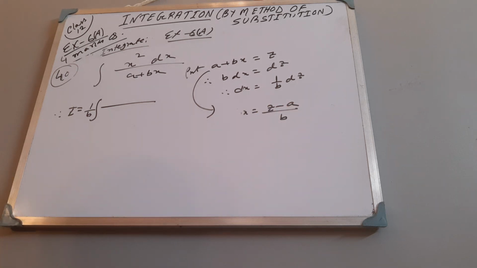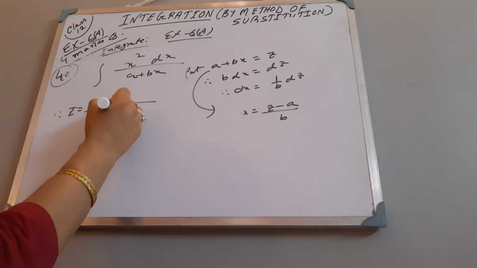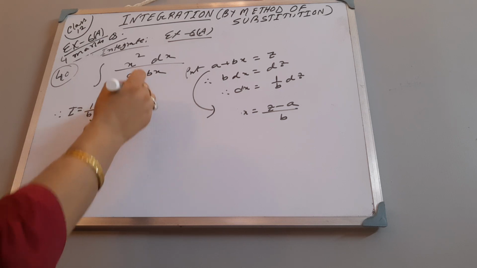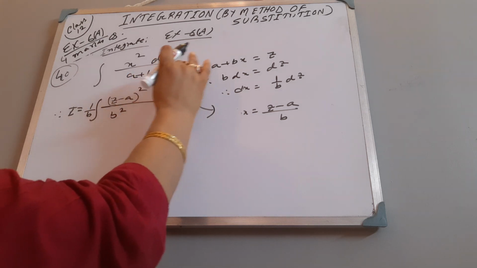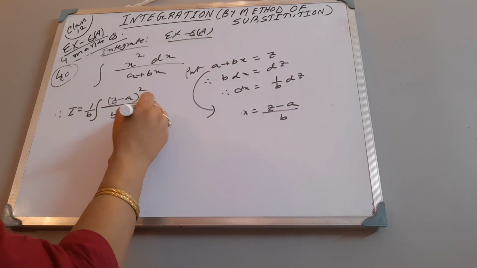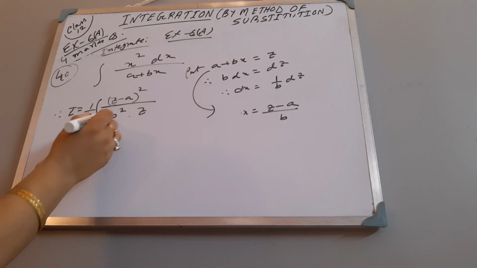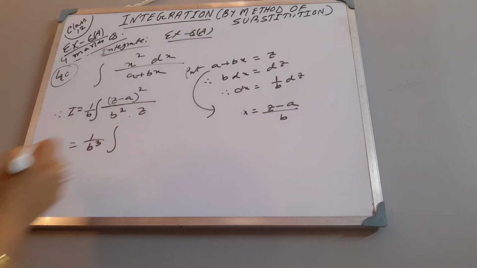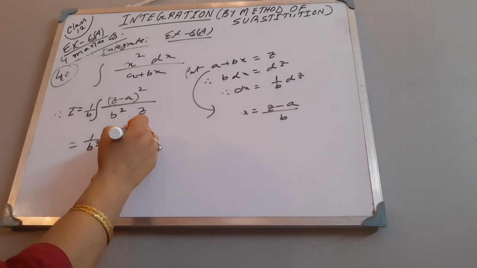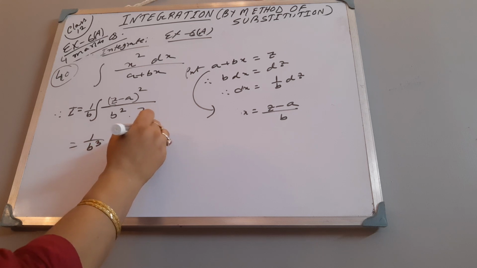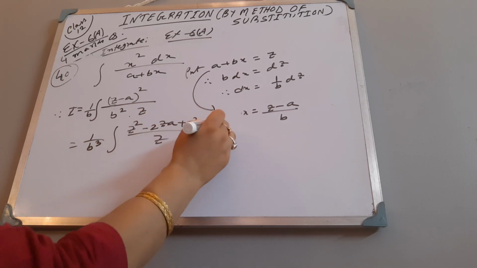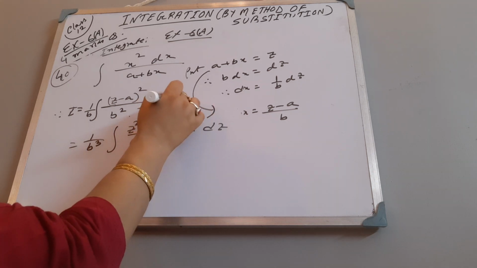So instead of x square, we will write (z minus a) whole square by b square, and a plus bx is already there, that is z. So b square taken out, it will be 1 by b cube integral (z minus a) whole square by z dz, where (z minus a) whole square means z square minus 2za plus a square, divided by z.